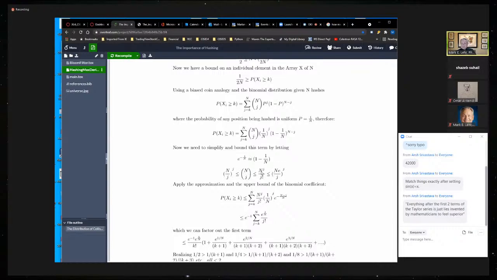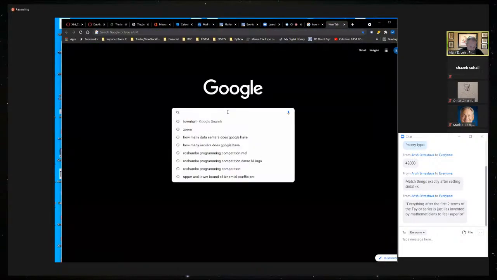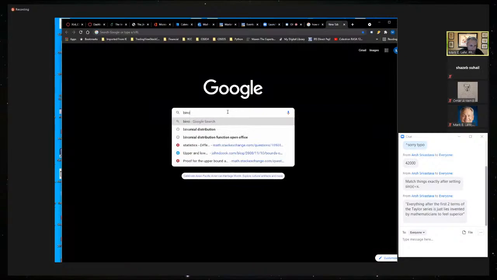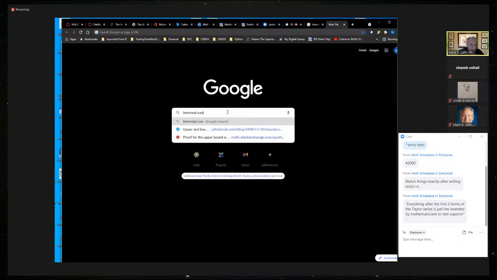And of course, I want something that's an upper bound. Now this one, you won't find anywhere. You'll find these as upper bounds: the binomial coefficient boundary.